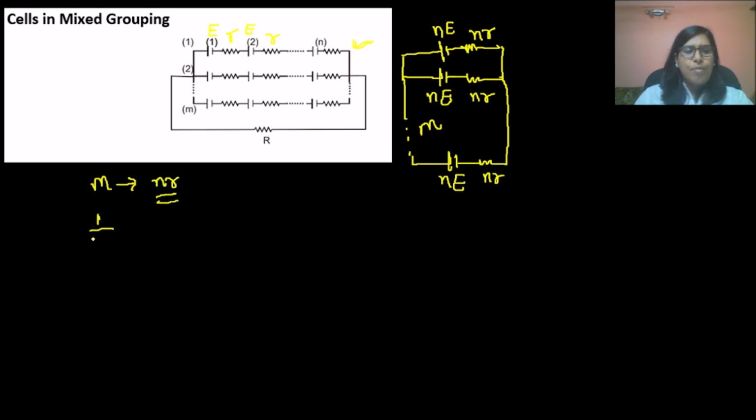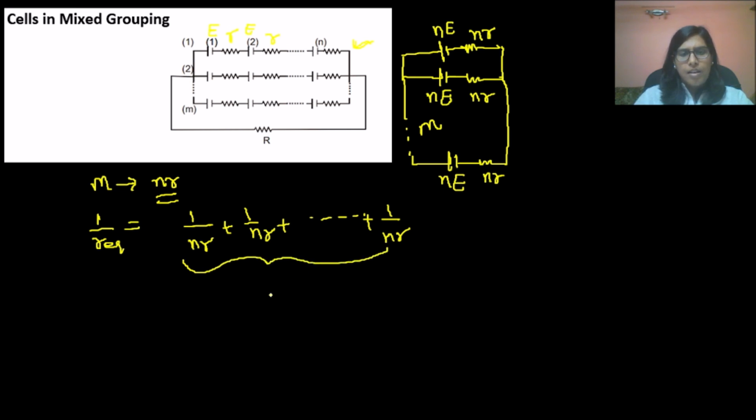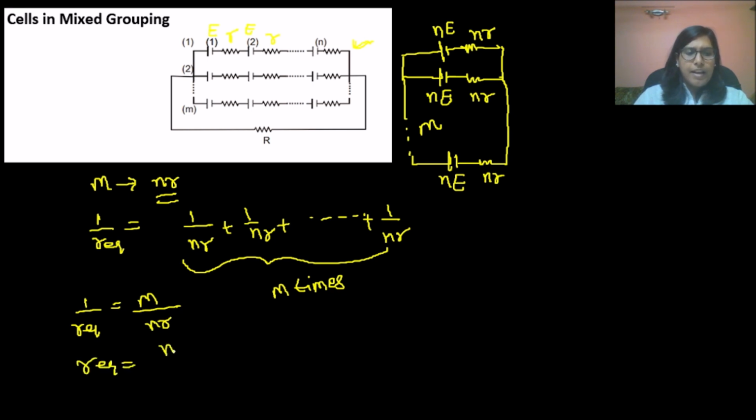So 1 upon R equivalent will be 1 upon nr plus 1 upon nr, and this will be written m times. So 1 upon R equivalent will be m upon nr. That means R equivalent will be nr upon m.